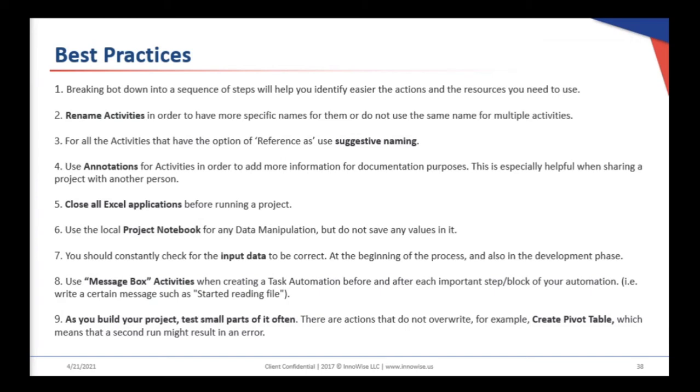Okay, then whenever we have a huge flow, it is always considered a best practice to add annotations for the activities that we use. Today I know the process and I am creating the automation workflow, so it is easier for me. But suppose tomorrow I am on leave due to some emergency at home, and somebody else refers to that code, he wouldn't be able to get why we did what we did.